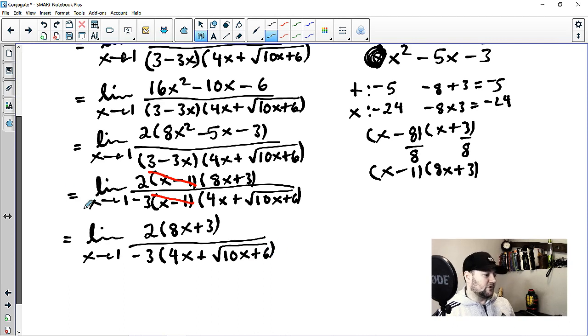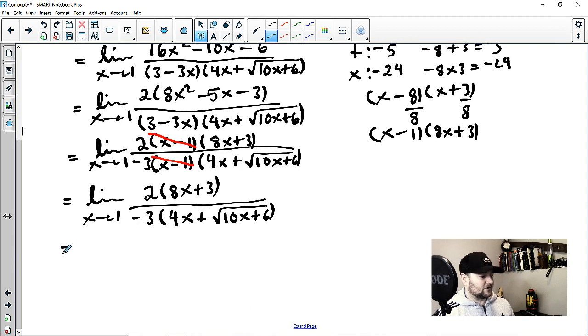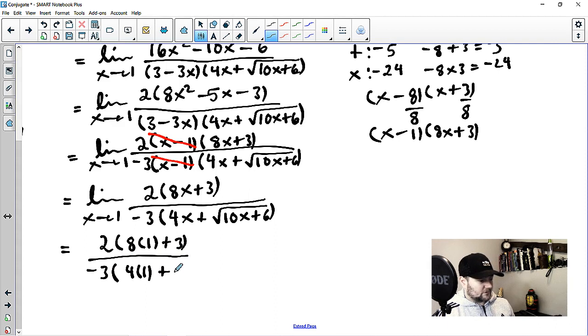So now, once you factor, you are ready to rock this thing, and we're going to sub the 1 in. So I got 2 on the outside of 8 times 1 plus 3, all divided by -3 on the outside, and then it's 4 times 1 plus square root of 10 times 1 plus 6.